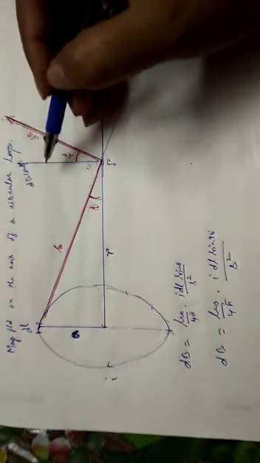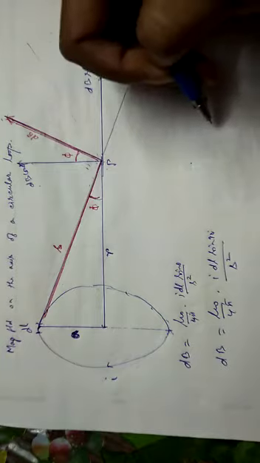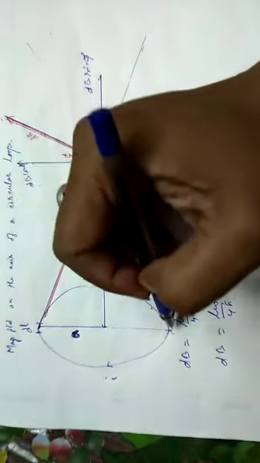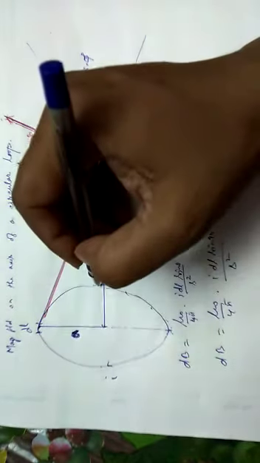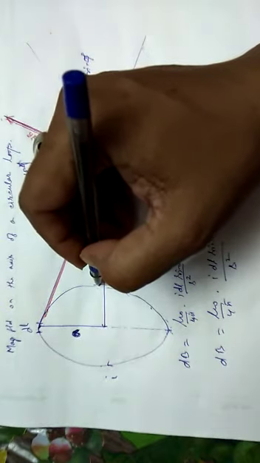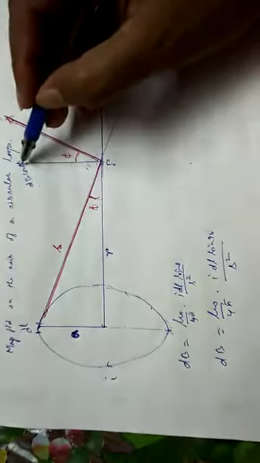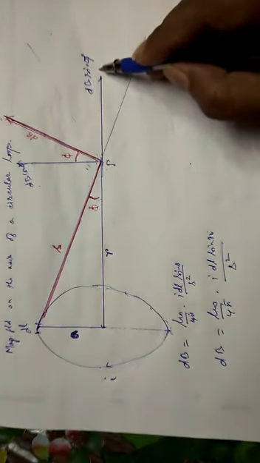Each dB cos phi has an opposite dB cos phi because of a current element diametrically opposite to it. So every current element has a diametrically opposite current element, and for that every dB cos phi will get cancelled out and only dB sin phi will survive.